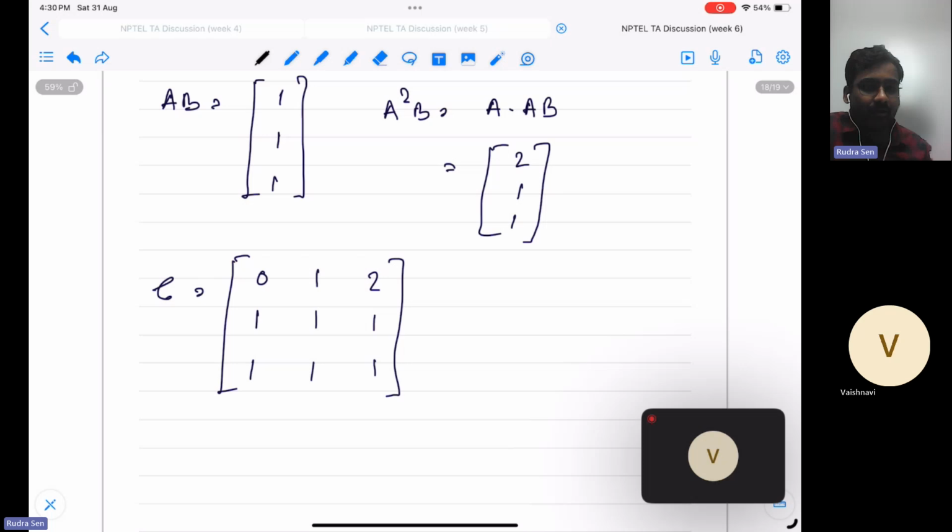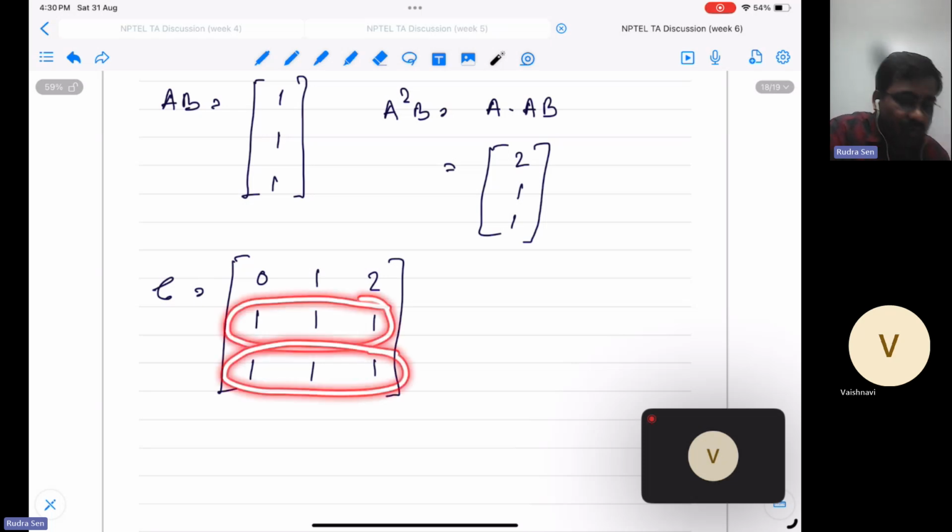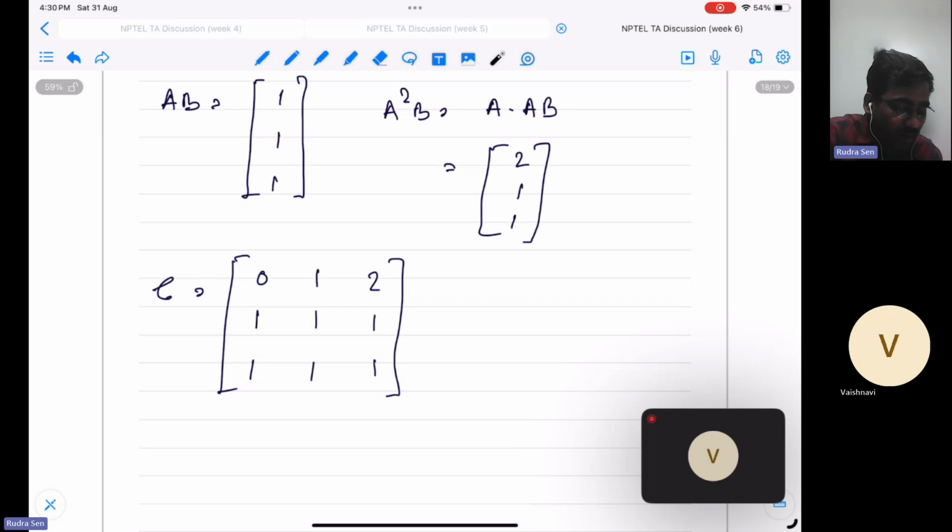Either you can find the determinant of matrix C or you can do the row elimination method. But before you do anything, you can check that these two rows are similar. That means if we do the row elimination method that we did in the previous question, we get one row completely zero.